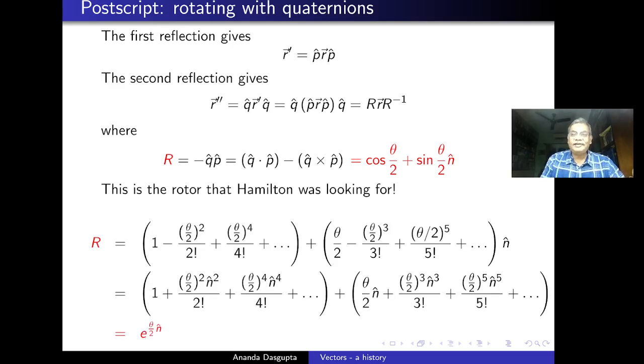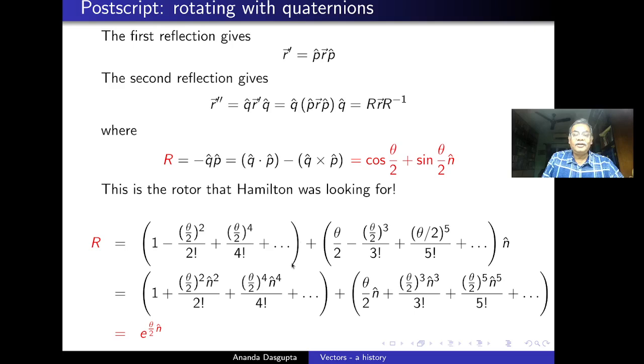And just a curiosity, which is actually quite useful when you want to do calculations with it. If you break up cosine theta by 2 and sine theta by 2 in their series, you get 1 minus (theta by 2) whole square by 2 factorial plus (theta by 2) to the power 4 by 4 factorial and so on from cos theta by 2. A similar series comes with sine theta by 2.